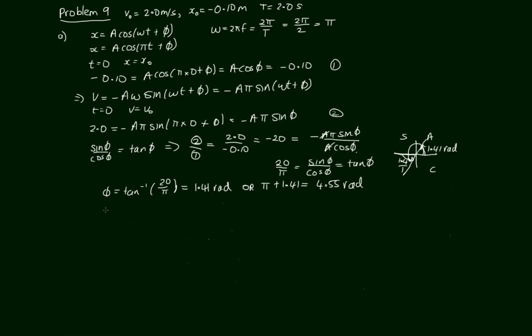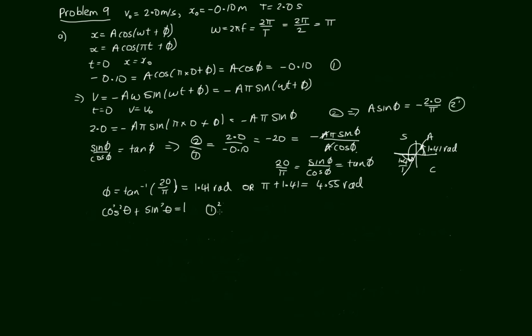So to get the amplitude, we're going to make use of another trigonometric relationship, which is that cos squared theta plus sine squared theta is equal to 1. So to make use of this, we can do 1 squared, and now we would like 2 to be in a similar format to this. So let's just rearrange it and get 2 dash. So we have a sine phi is equal to minus 2 over pi, and let's call this 2 dash.